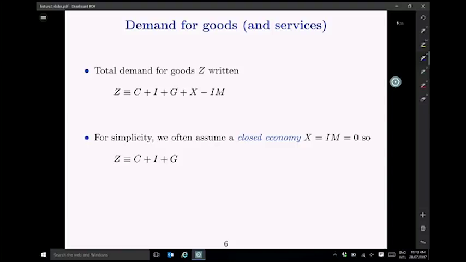No matter how much is demanded in the economy, the firms or the production side of the economy will be able to supply it. It's a plausible assumption in the very short run because you can think that firms can operate over capacity in the very short run, maybe in a few months or a few years, but not over the long run.